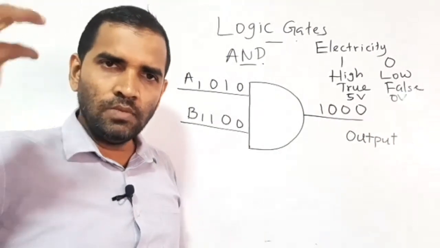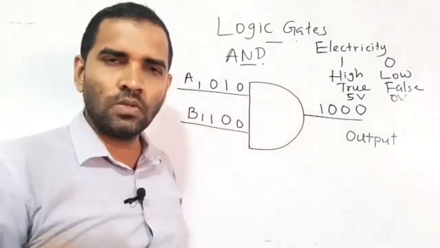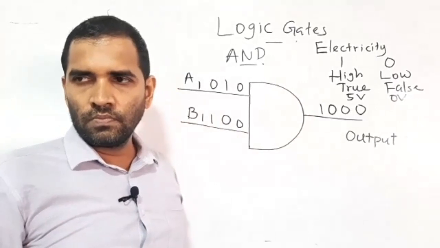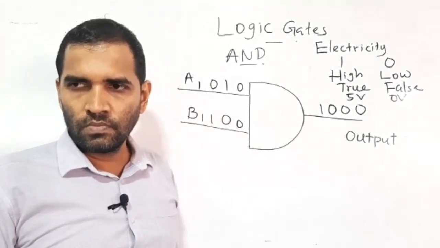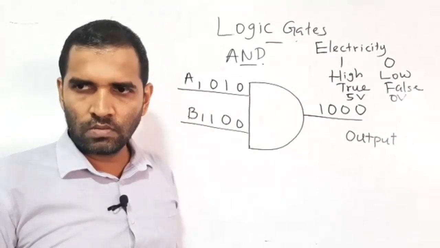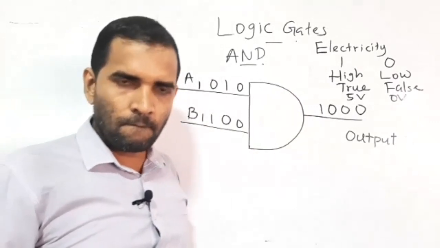So can anybody tell me what is the behavior of AND gate? What is the function of AND gate? The multiplication. To work, an AND gate needs at least 2 inputs. 1 means a supply of electricity.